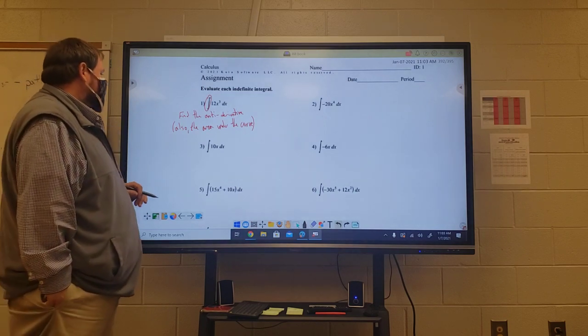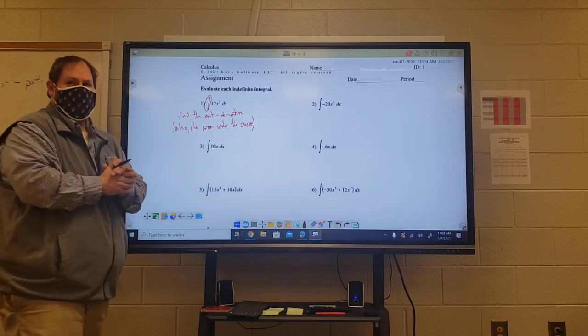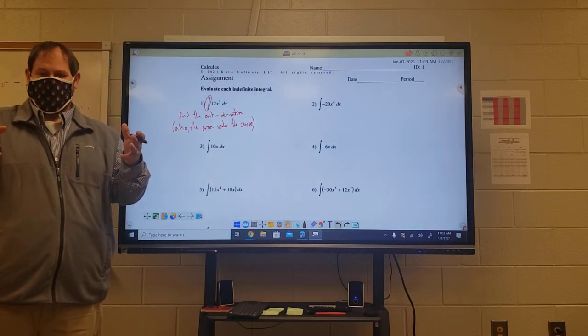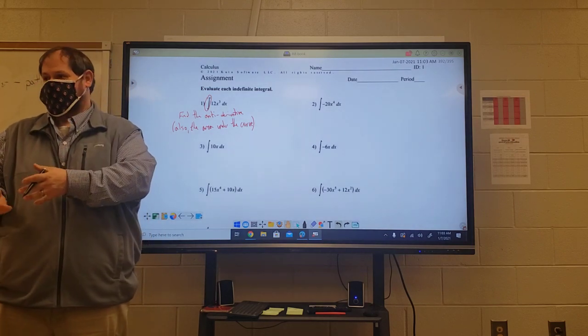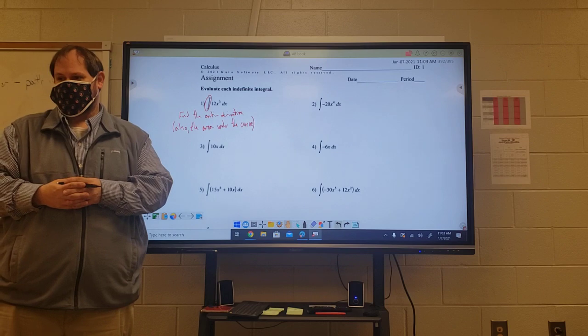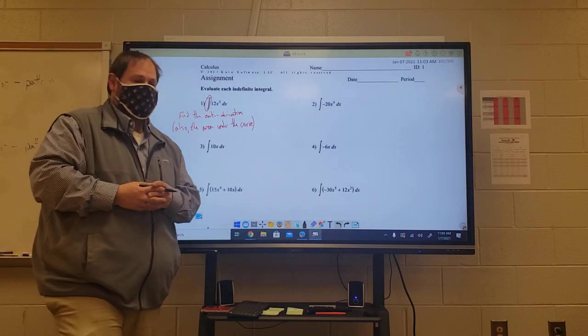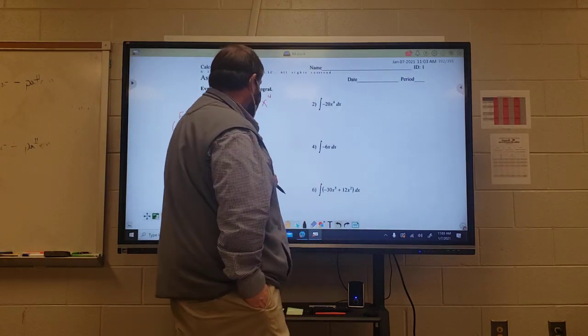Okay. So let's find the antiderivative of 12x cubed. What did we take the derivative of to make 12x cubed? Let's think globally. I'm at a cubic function. What did I have to take the derivative of to make that cubic function? The fourth degree, right? So it's got to be a fourth degree polynomial.